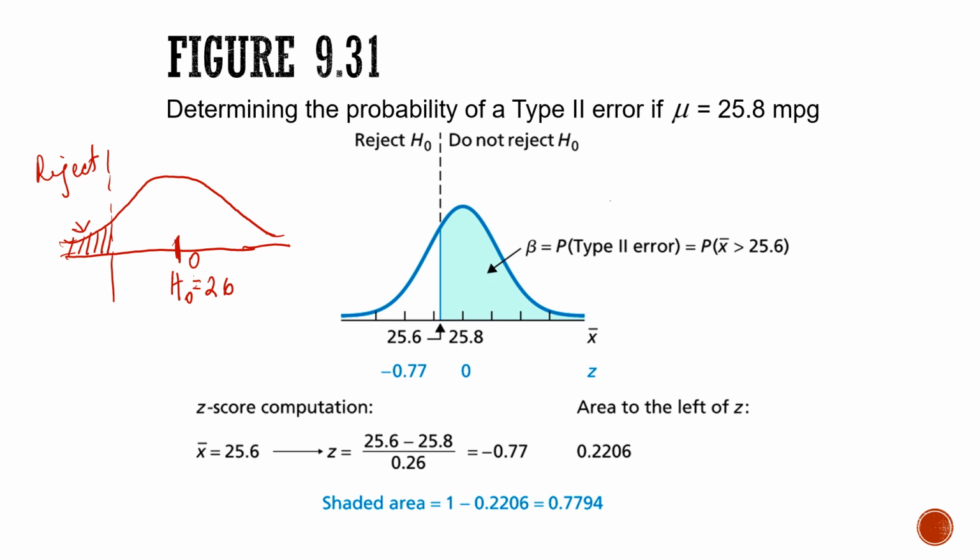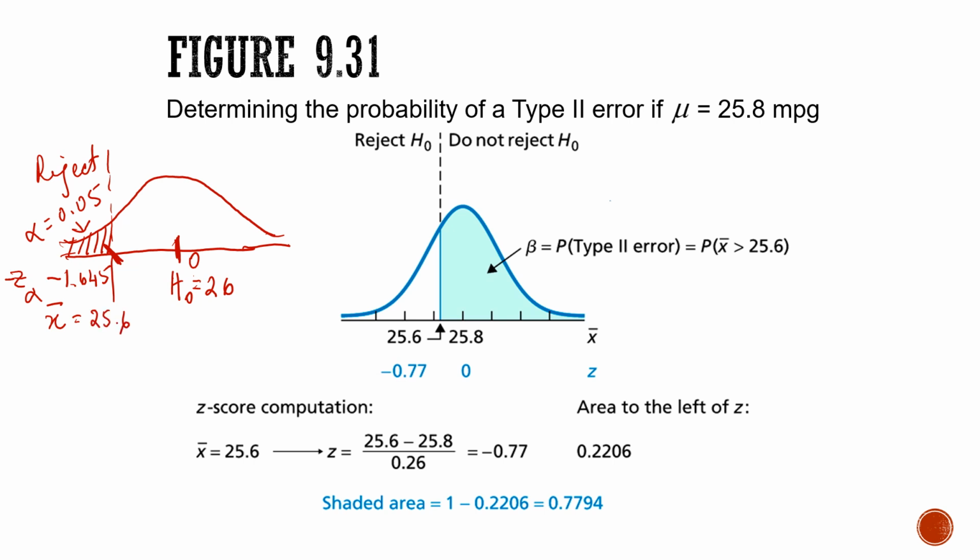That means this alpha value had 0.05 for its area. We also found that negative Z of alpha, because it was on the left hand side, was negative 1.645. And in the previous slide, we found using a formula the corresponding X bar value, and that was 25.6.